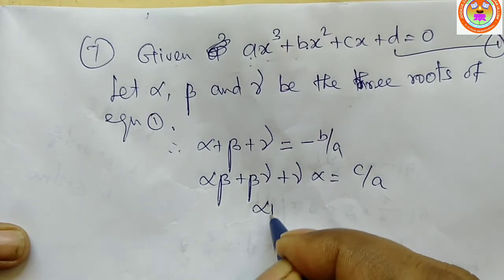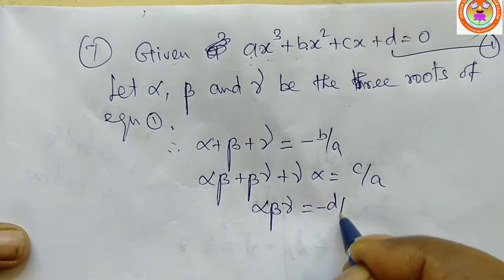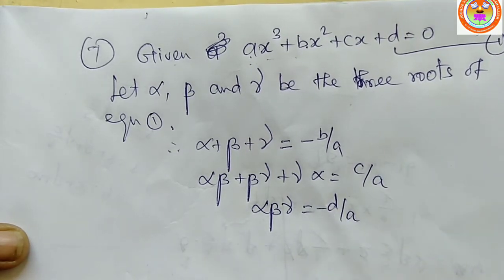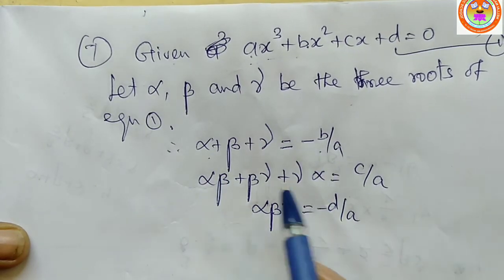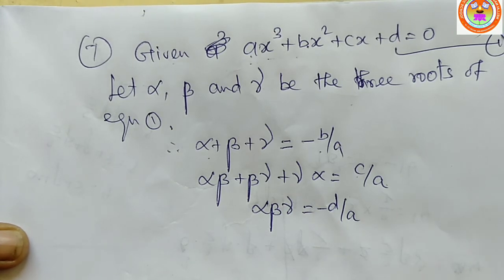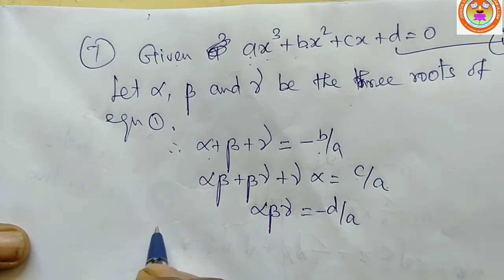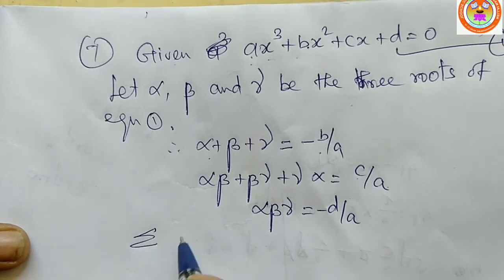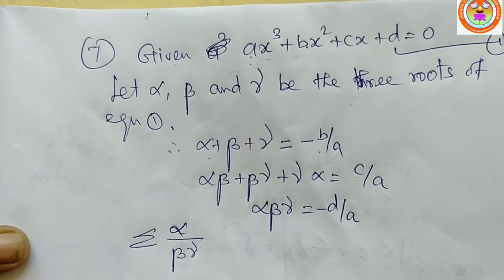Then alpha beta gamma, that is minus d by a. S1 is minus b by a, S2 means c by a, S3 means minus d by a. Our aim is to find sigma alpha by beta into gamma.